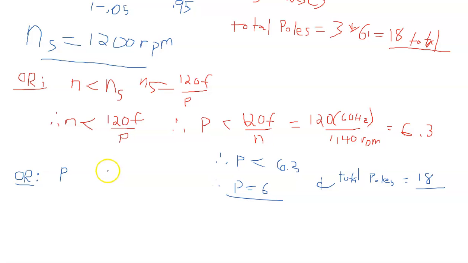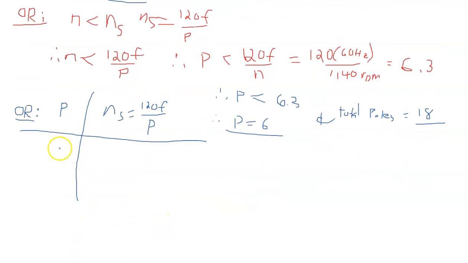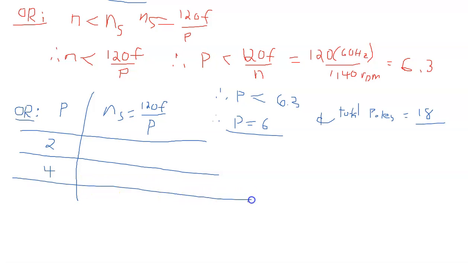We know that poles occur in pairs, north-south pairs, and so we can figure that there's only a certain number of speeds available in North America based on, let's say, a 60 hertz system.